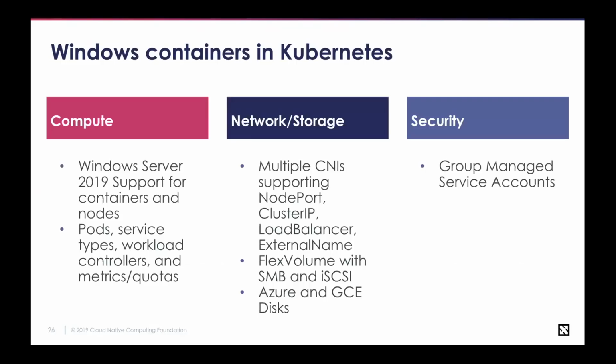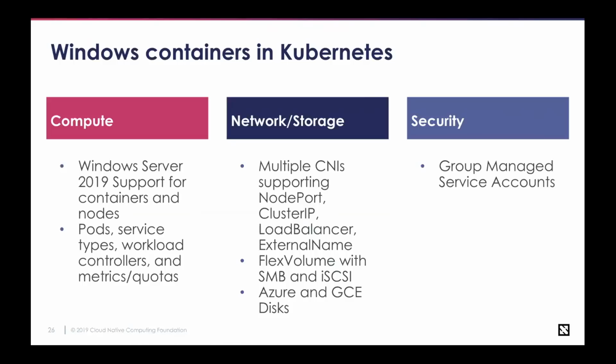Next slide, please. So when we look at Windows containers in Kubernetes, we kind of created 3 buckets here. The first one is compute. We support Windows Server 2019, both for containers as well as for nodes. We support a lot of different workload types, from pods, service, workload controllers, as well as metrics and quotas.